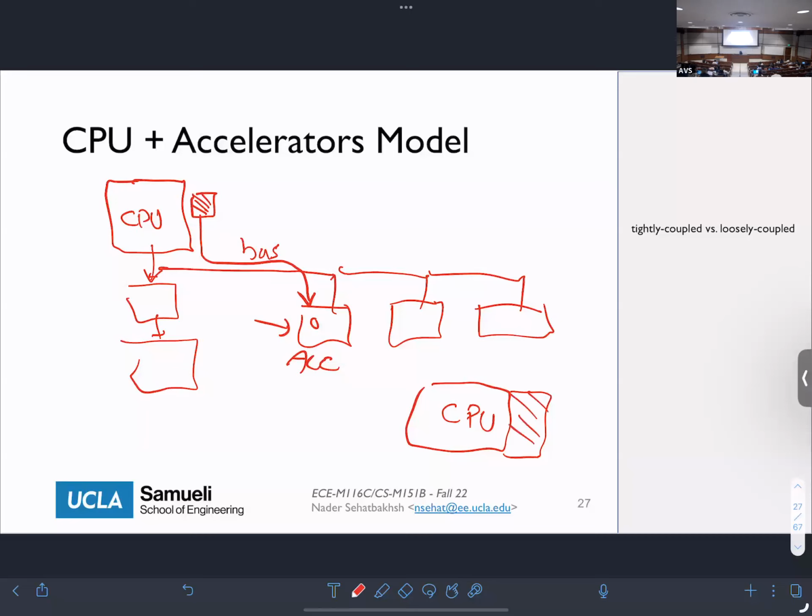The difference between this one and this one is that this accelerator has access to part of my CPU. For example, the accelerator might have access to my register file, my reservation station or ROB and so on. We typically call this the tightly coupled accelerator, which means that it's just part of the CPU itself. It's as if we are adding things to our data path in some sense.